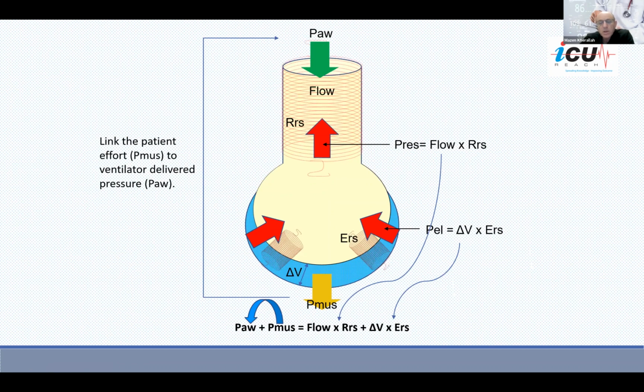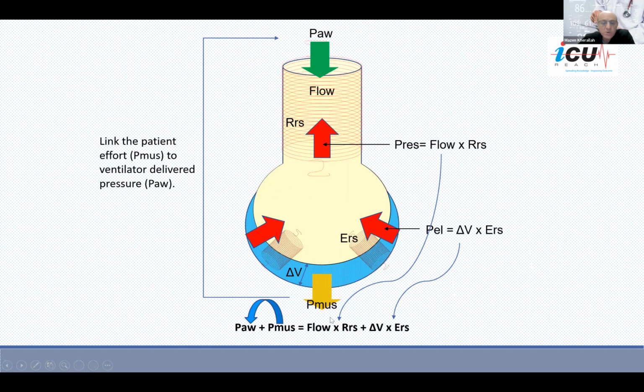So the machine will share the work of breathing with the patient in order to make it easier for the patient. So we get information from the pressure here, and we generate a pressure support for the patient. So the pressure support is variable from breath to breath based on how much the patient is generating for himself.